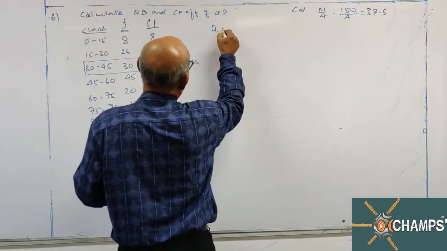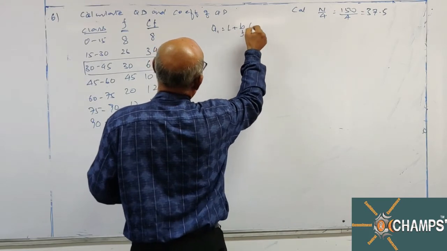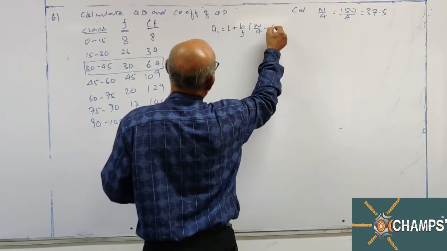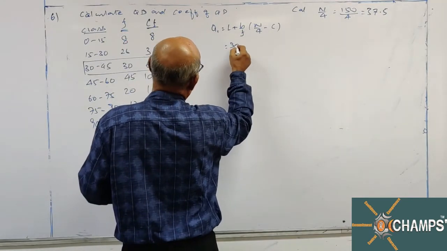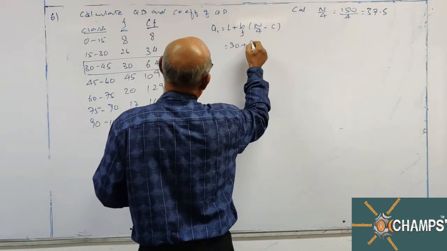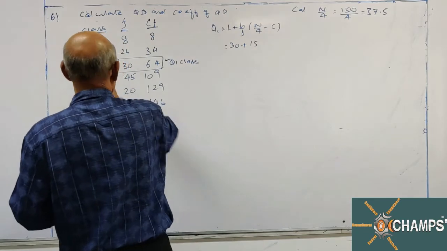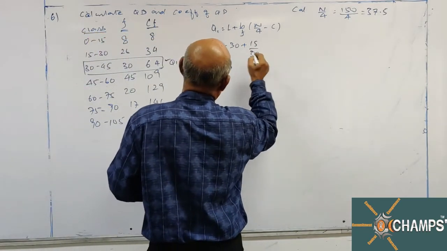Q1 is equal to L plus H by F into n by 4 minus C. L is equal to lower limit. H means class interval, upper limit minus lower limit, 15.